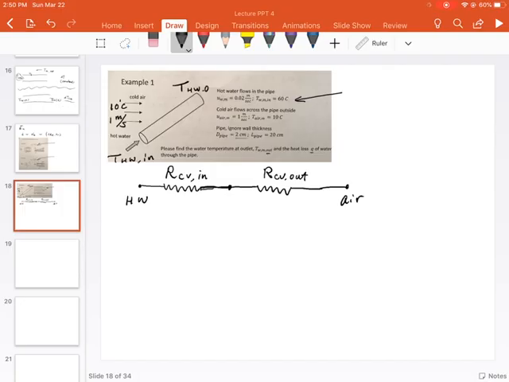And in the past, we usually have a conduction across the pipe, that is across the thickness of the pipe. But the problem does not give us any thickness of the pipe. So I would here say ignore pipe thickness.